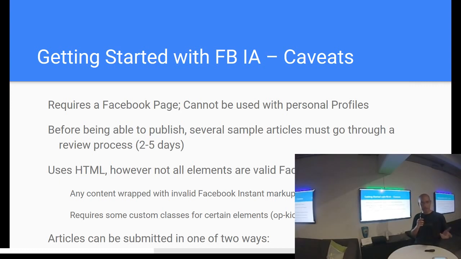So you have to fix that some way or another, either by changing your markup or other ways around that, but I won't get too much into depth right now. Articles can be submitted to Facebook in one of two ways: either through an RSS feed, which would be a custom RSS feed with your custom Facebook Instant markup, or they have an API where you can submit articles that way.